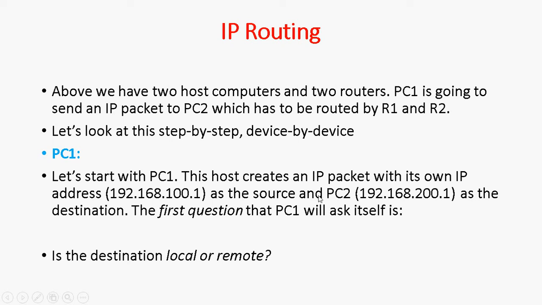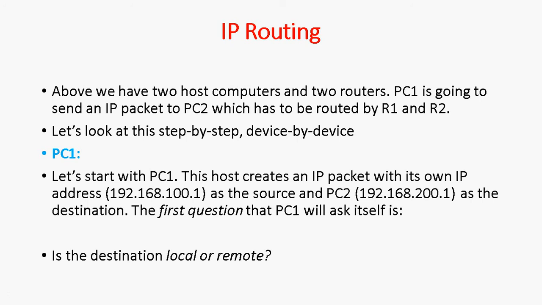The host creates an IP packet with its own IP address as the source, and the destination IP address is the PC2 IP address. The first question that PC1 will ask itself is, is the destination local or remote? From PC1 we give ipconfig, we check the IP, subnet mask and default gateway, and the destination IP.